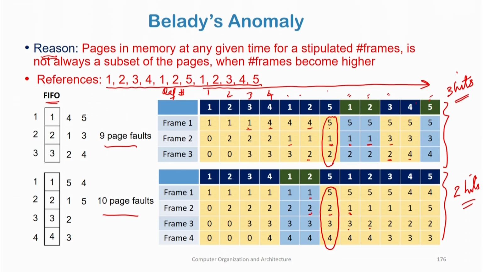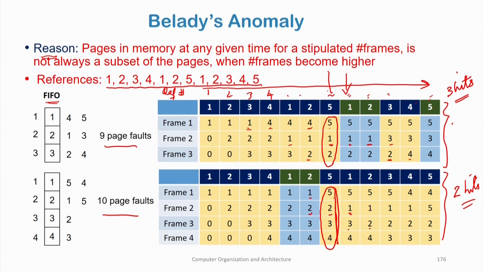Why? Because if you go back to the definition again, the pages in physical memory at any given time, so these are each different times. At any given time, the pages in physical memory for a stipulated number of frames, for example 3 frames, are not always a subset of the pages that are there when your number of frames becomes higher.